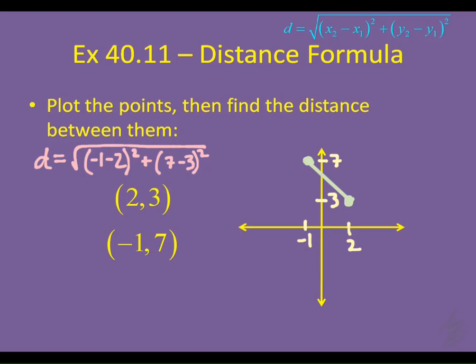Squared. Good. What's negative 1 minus 2? Negative 3. So we have the square root of negative 3 squared plus, what's 7 minus 3? 4 squared.